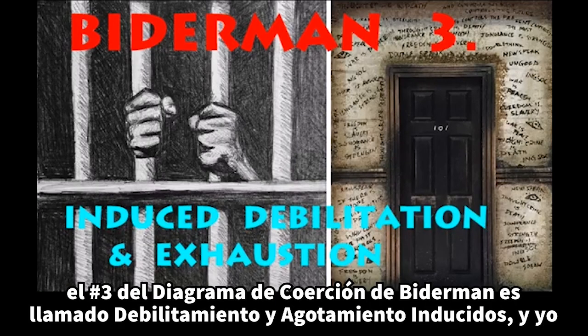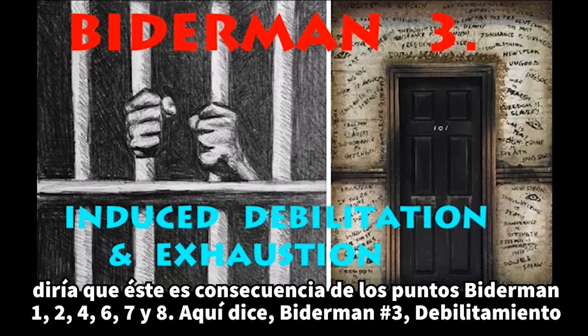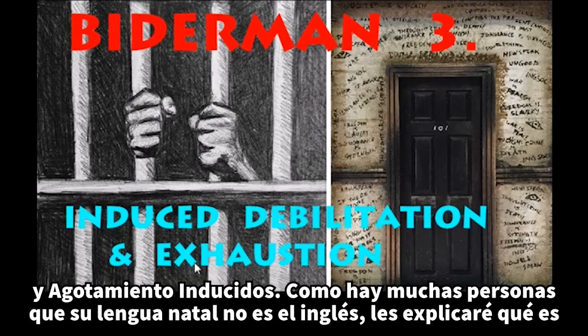Then number 3 on the Biderman chart of coercion is called induced debilitation and exhaustion. And I would say this is a consequence of Biderman points 1, 2, 4, 6, 7, and 8. So it says Biderman number 3, induced debilitation and exhaustion.